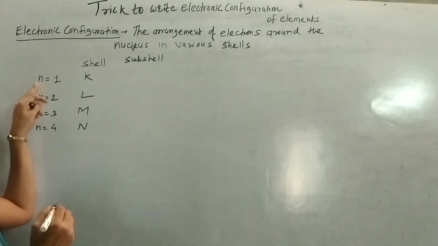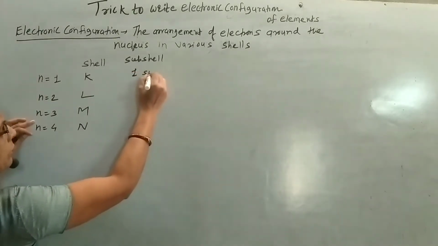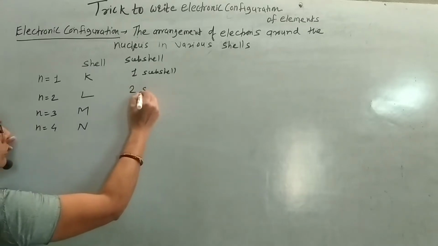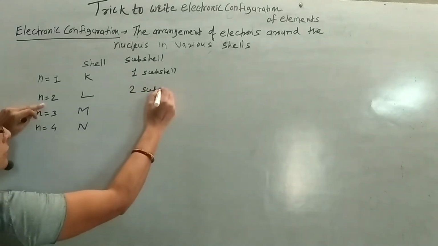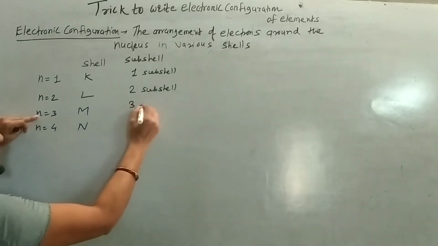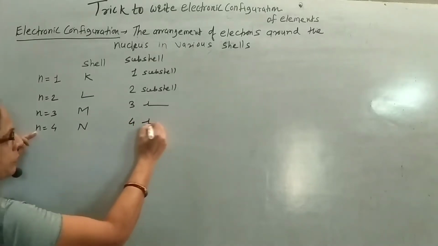The first main shell has one subshell, the second has two, the third has three, and the fourth has four.